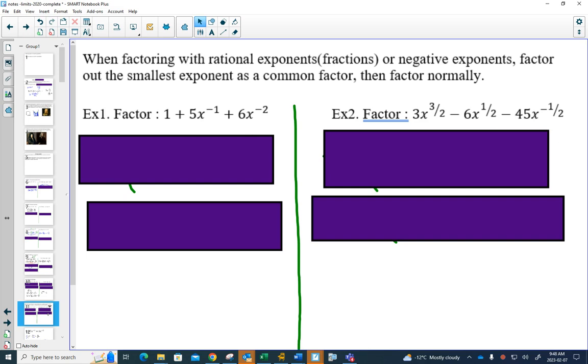If you had this and you were asked to factor, chances are you would be like, okay, this looks new. We have 1 plus 5x to the minus 1 plus 6x to the minus 2. This seems awkward. And that's because it is a little bit awkward.